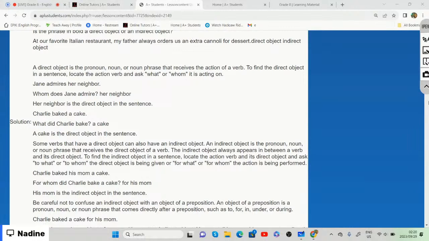And then again, the indirect object always appears in between a verb and its direct object.